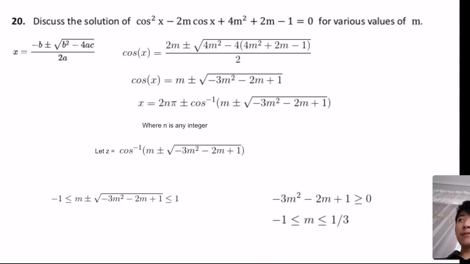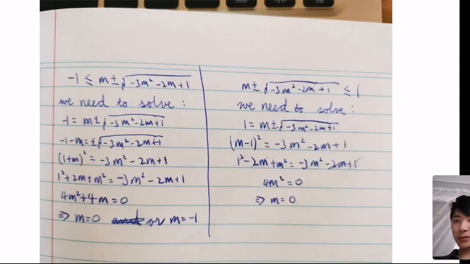So I did some math on some paper, and this is what I did. I solved for m plus or minus square root of negative 3m squared minus 2m plus 1 equals negative 1, and I got m equals 0 and m equals negative 1 as my solution.